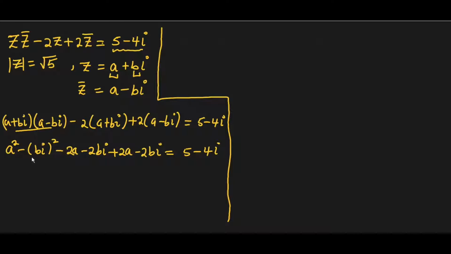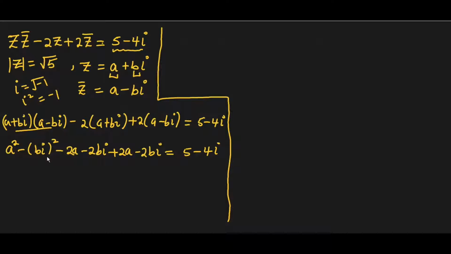If we open up here, this is b squared and this is i squared, and I forgot to point out that i is equal to the square root of negative 1. So basically, i squared is equal to negative 1.